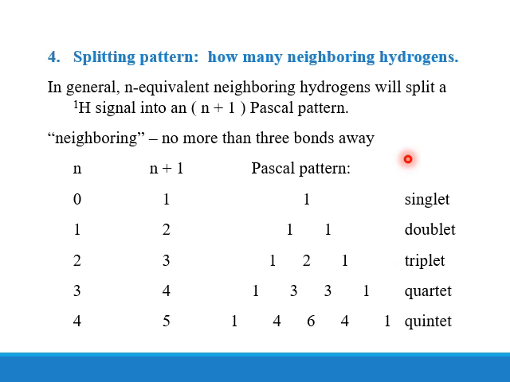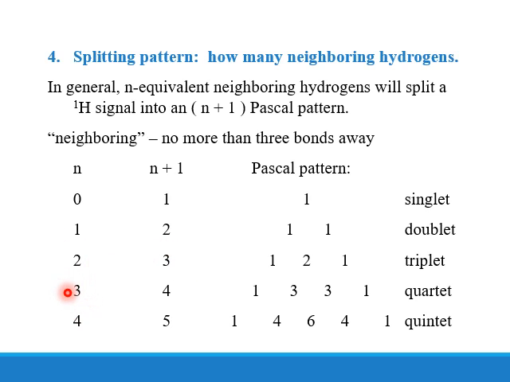So in general, n equivalent neighboring hydrogens will split a proton signal into an n+1 Pascal pattern. When there is no neighboring hydrogen, the peak will be a singlet. When we have 1, it will be a doublet. When we have 2 neighbor hydrogens, it will be a triplet.